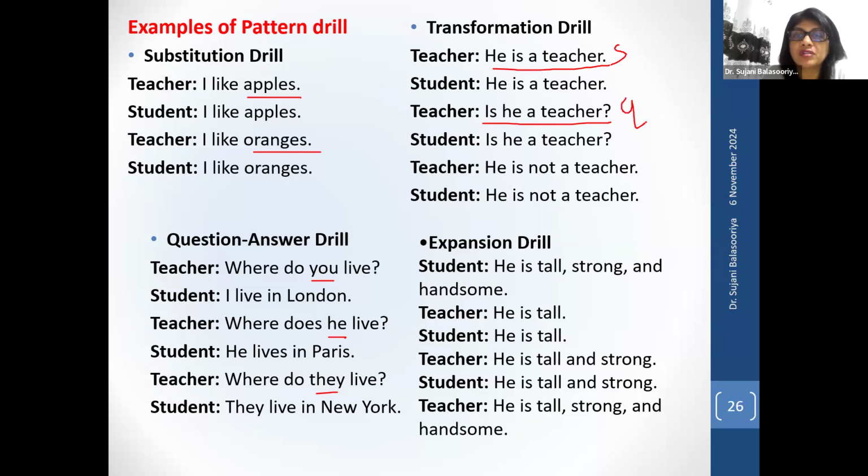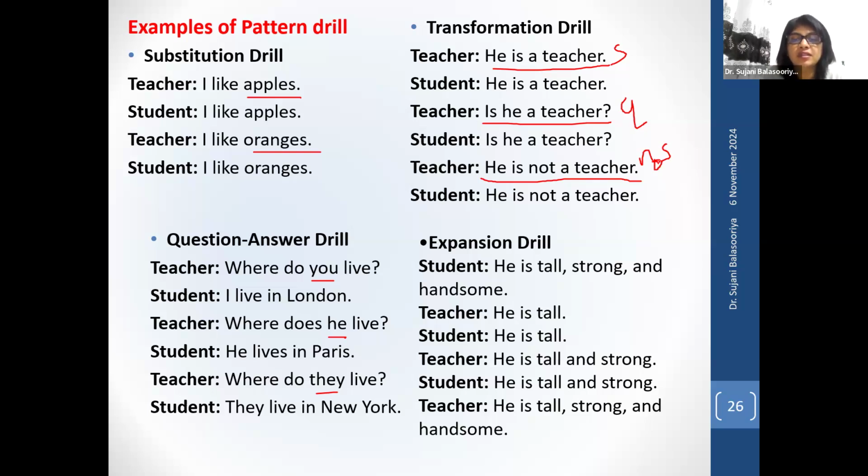Affirmative question. Then the students repeat after that. After that, the teacher transforms it into a negative statement. Sorry, negative statement. Transforming the pattern, and then the students are repeating these patterns, right?